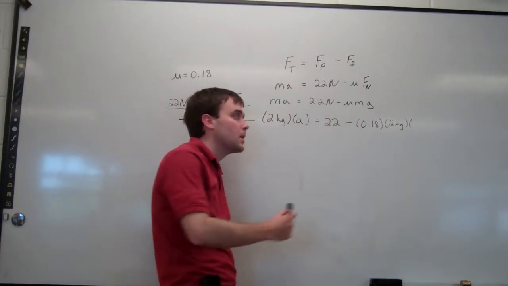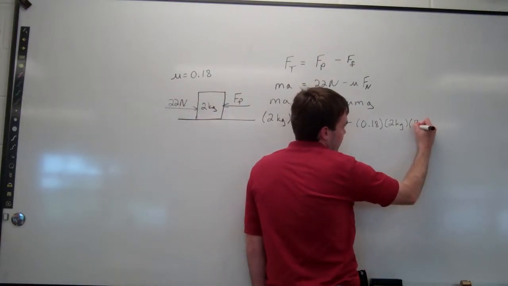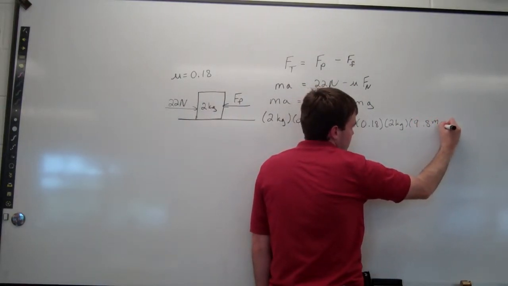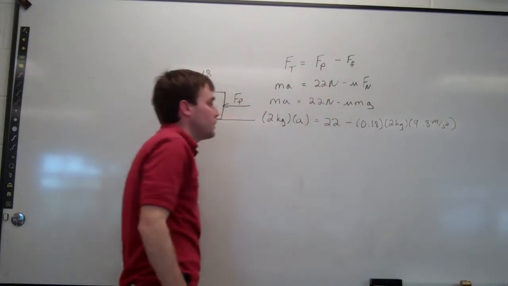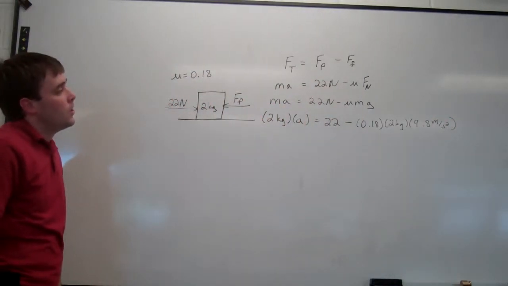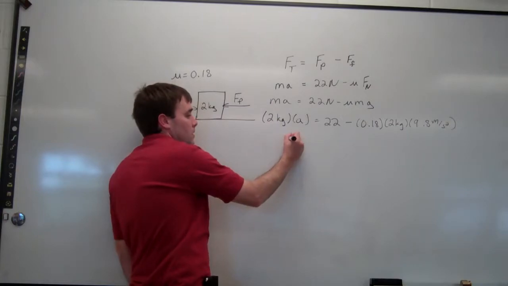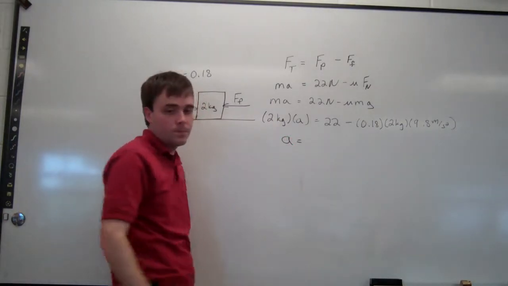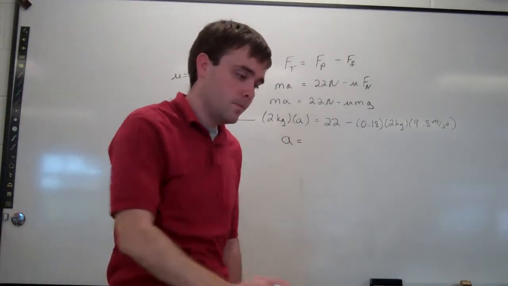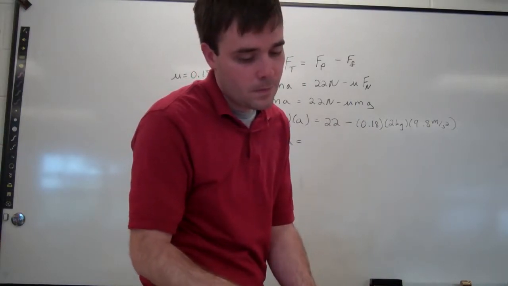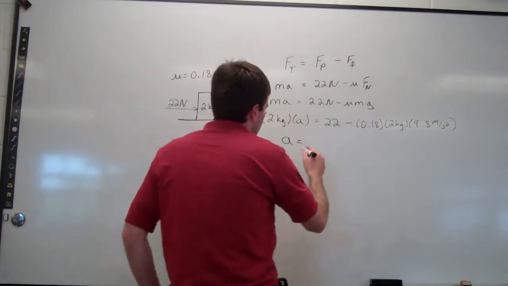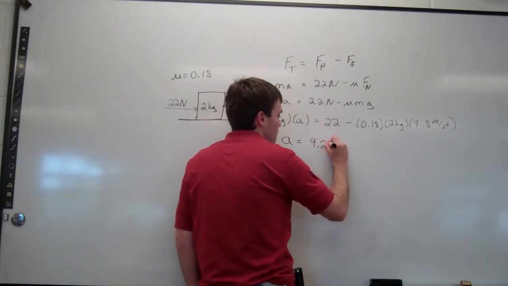Do you guys remember? We use positive, otherwise we just have negative signs that always cancel out. 9.8 meters per second squared. So we do that math. What do we get for our acceleration? 9.24 meters per second squared.